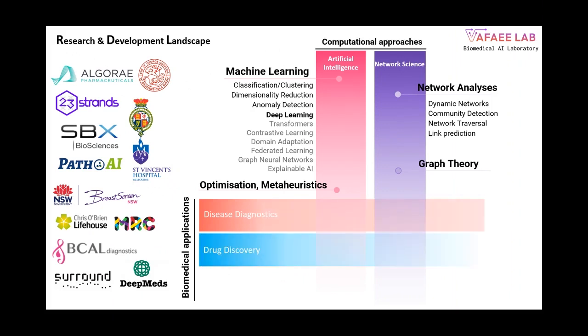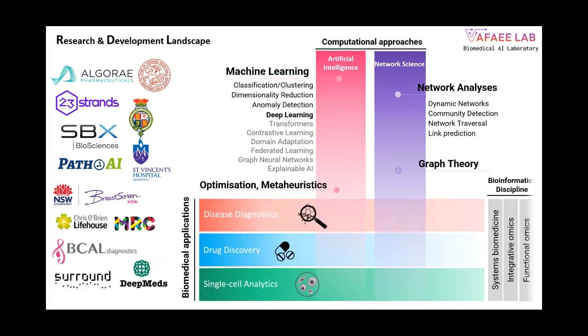And what are those questions? There are three main areas of research: AI-enabled disease diagnostics, drug discovery, as well as single-cell analytics. It is in very close collaboration with multiple industries and health organizations, nationally and internationally. I do care about translation of the research that we do and how we can make that available to end users. So making that work on real world data is quite central to our research.